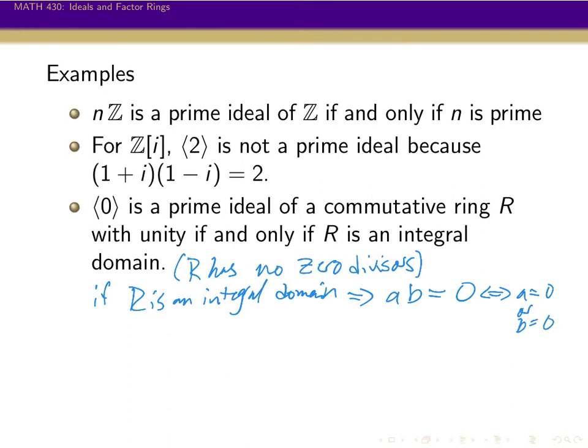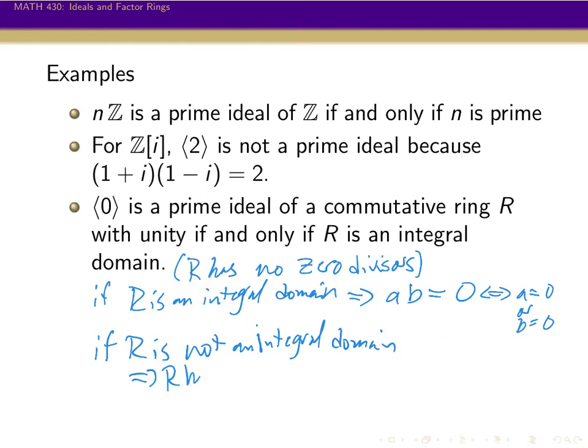On the other hand, taking the contrapositive, if R is a commutative ring with unity, and R is not an integral domain, well, being an integral domain means there are no zero divisors, so not being an integral domain means R has zero divisors.